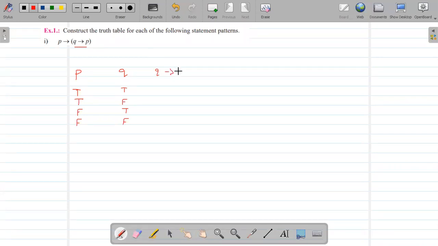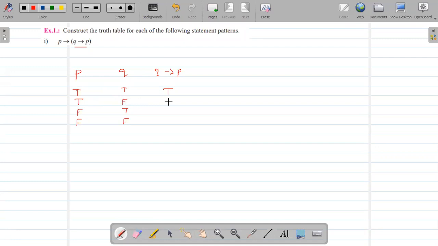Q implies P. Now you guys tell me what happens in the case of implication. If the first statement is true and the second statement is false, then only it is false. Otherwise, it will always be true, right? So true, true. Come on, you can say along with me.